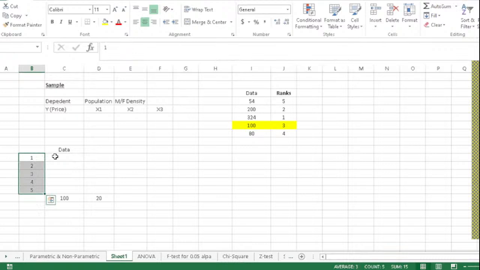So can I put any value in one? Can I put any value in one? Any value? I can put any value in one, right? Why? Why can't I put any value? If the sum of 5 numbers is 100, am I not free to put any value in one?